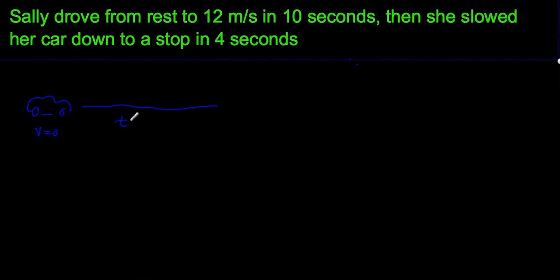The time it takes that to happen is 10 seconds. At this point, her velocity is equal to 12 meters per second. And then in 4 seconds, her speed goes back to 0 meters per second.